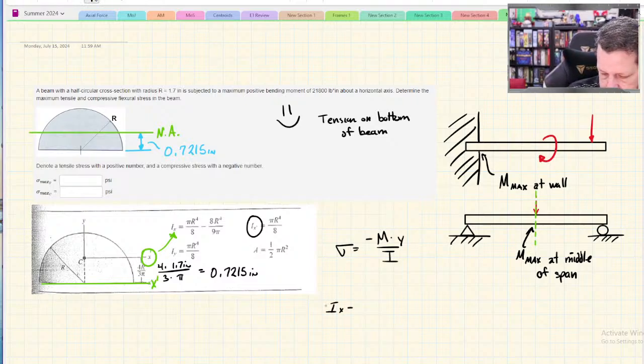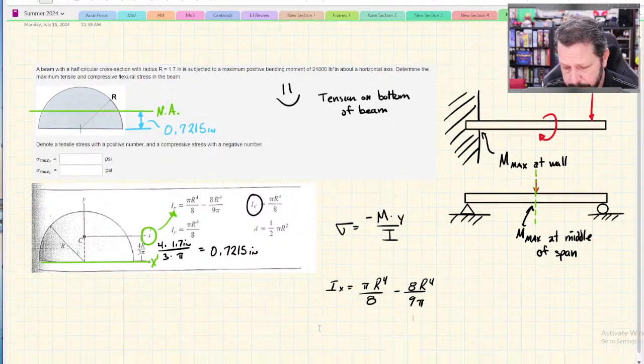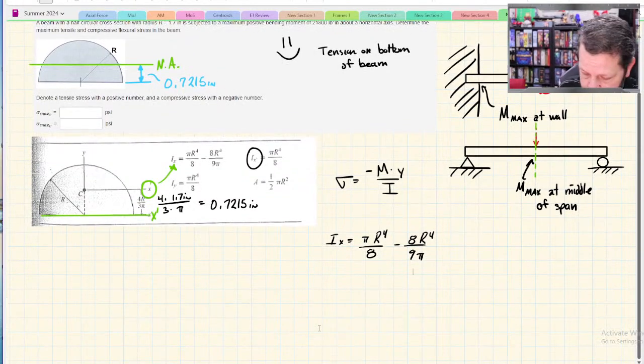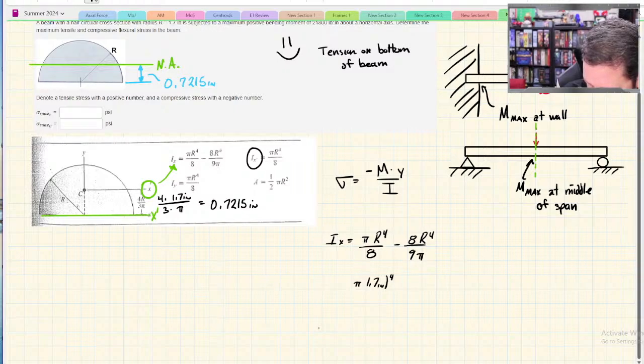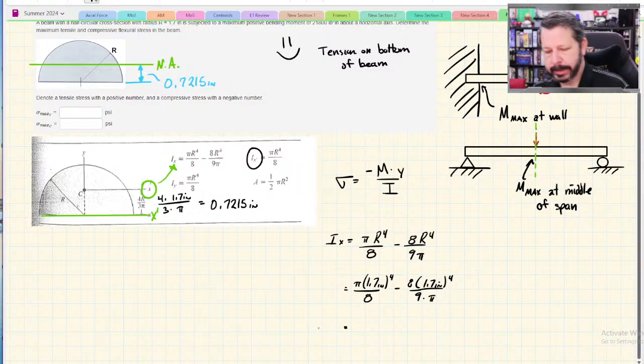Ix equals pi r to the fourth over 8 minus 8 r to the fourth over 9 pi. We'll have to plug these numbers in. My radius was 1.7 inches. Let's see if I can manage to get this in the calculator.